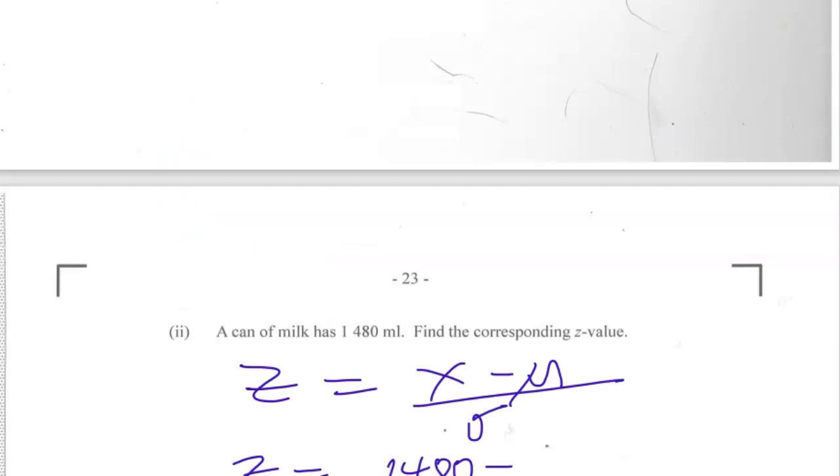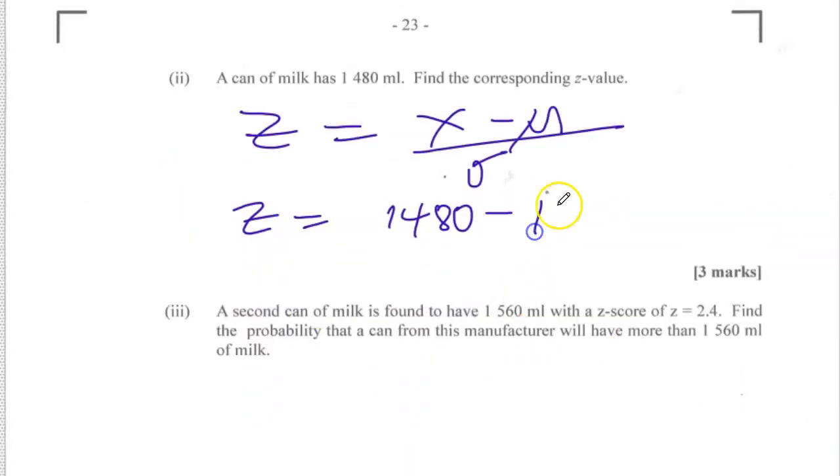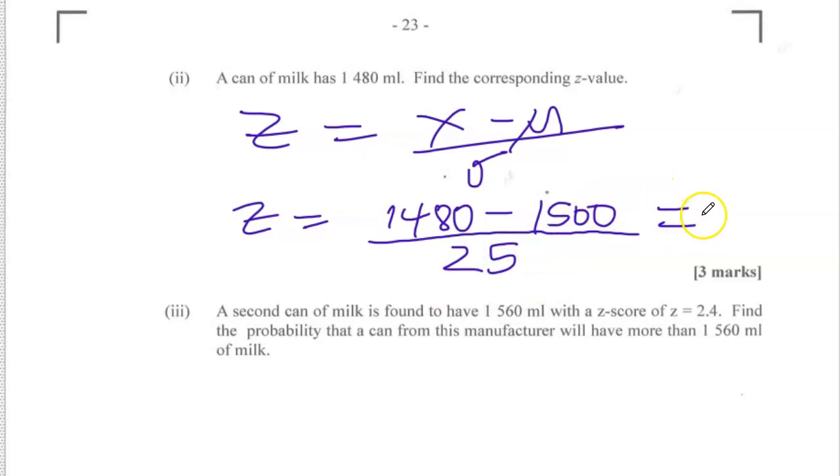So 1480 minus 1500 over the standard deviation of 25, and this should give us negative 0.8.